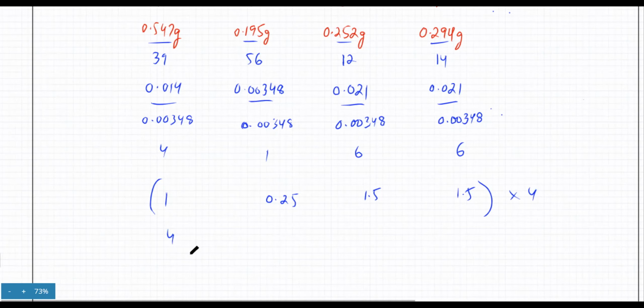This would be 0.25 into 4, that becomes 1. This is going to become 6. This is going to become 6 as well. So the point is, अगर ये end में ना whole numbers ना आए, तो don't worry. Pick a number and multiply it. Just make sure कि जो भी आए ना, that has to be the simplest ratio.